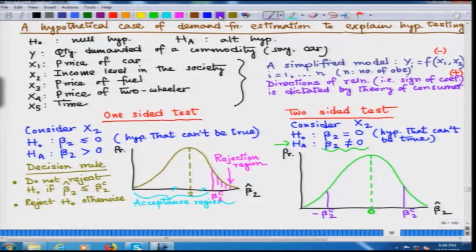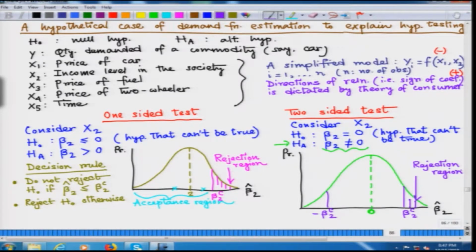So, now if we observe a value of beta hat 2 which is above the beta C 2 value, then we can say that I can safely reject my null hypothesis, and that is why this region is known as the rejection region.